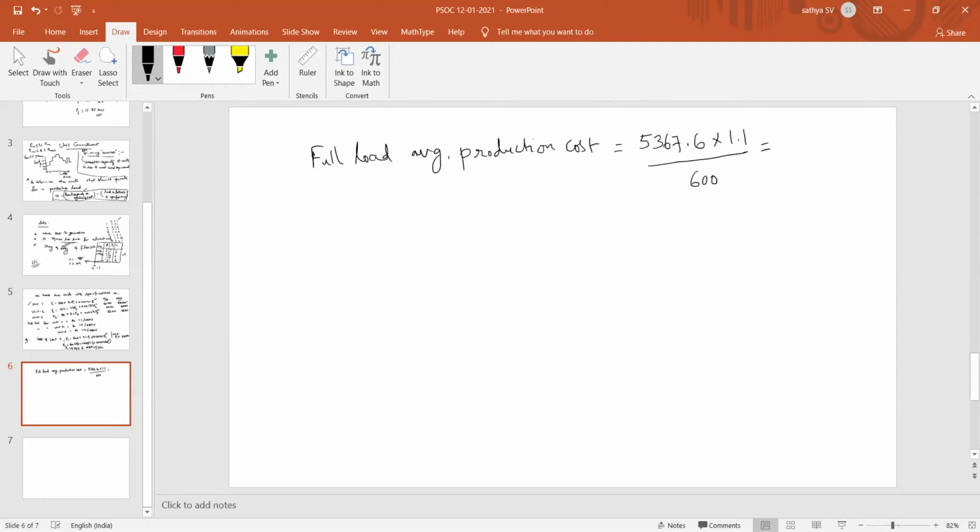This is your full load average cost, in rupees per megawatt hour. How much will it be?